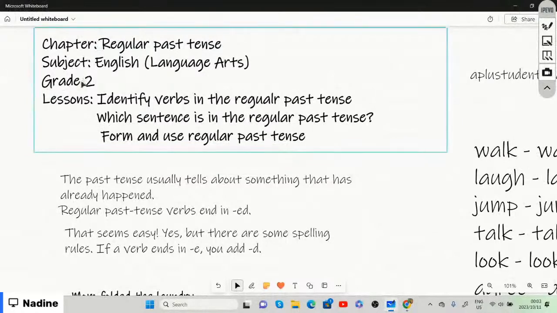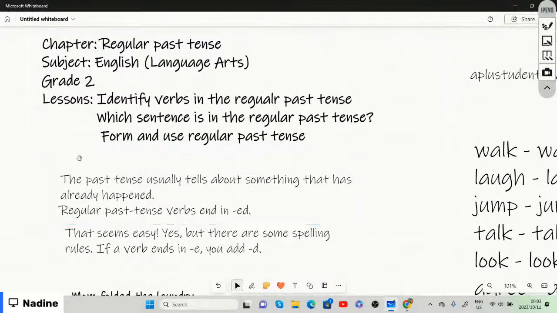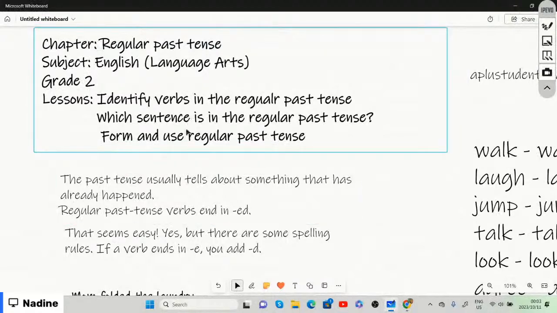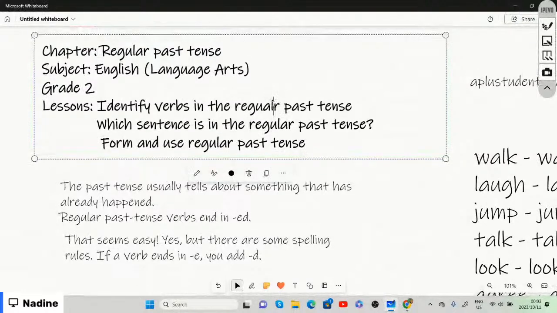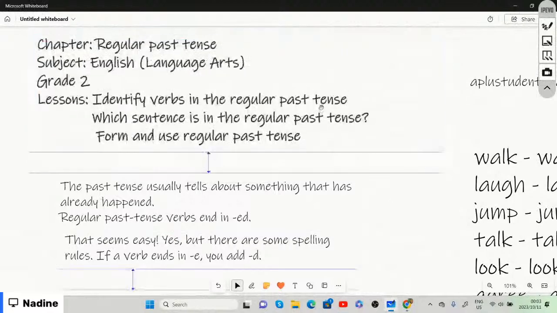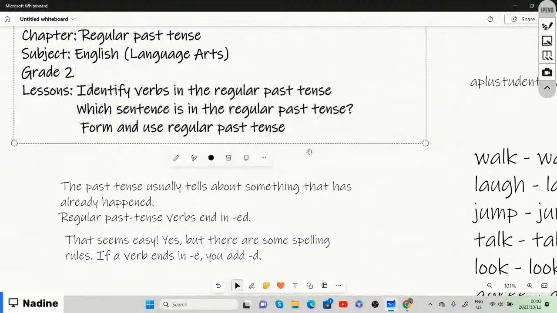We're doing grade 2, and the lessons that we will be focusing on today are to identify verbs in the regular past tense, which sentence is in the regular past tense, and to form and use regular past tense. So that is going to be our 3 focus lessons under the chapter of regular past tense.